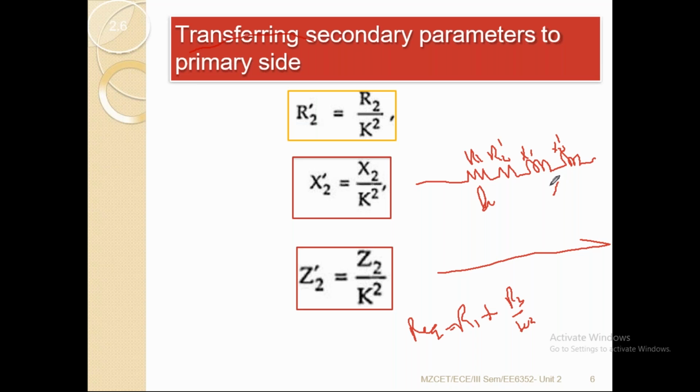At the same time you will get Xeq. When you combine these two values, you will get the Z value. So Zeq is equal to Z1 plus Z2 by K square. So these are the parameters when the secondary parameters are transferred to the primary side. You have to remember these three equations. Okay, so these are the equations when transferring the secondary parameters to the primary.